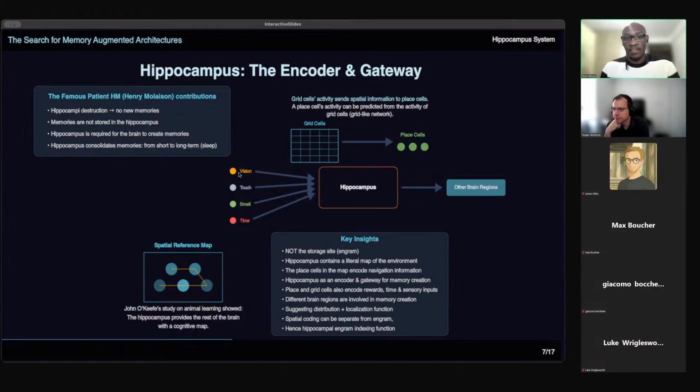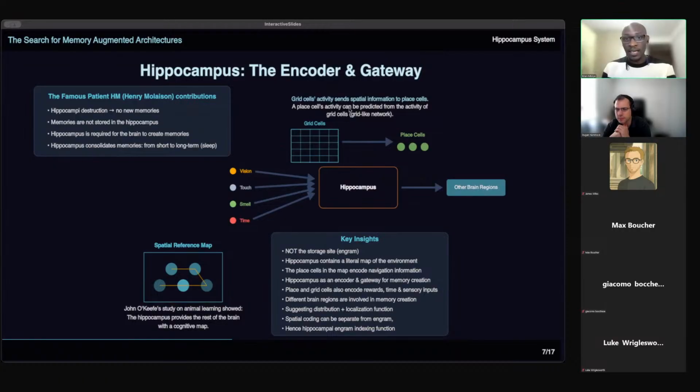So if you have vision, touch, and smell, the grid cells encode different information, and then the activities of those send spatial information to place cells. You can think of place cells as encoding spatial information, like navigation information, and how to get from one place to another. There are some experiments which have been done on navigation systems in mazes, on biological systems in mazes, specifically rats.